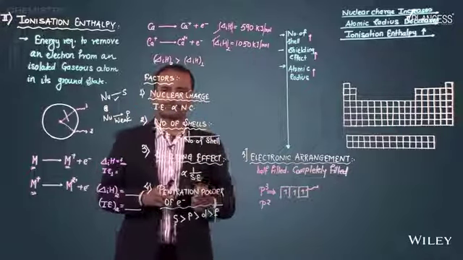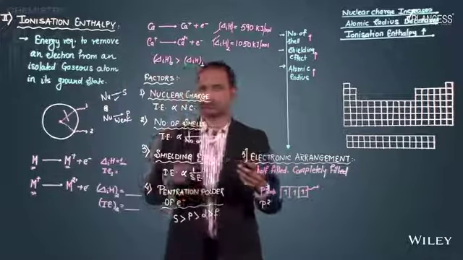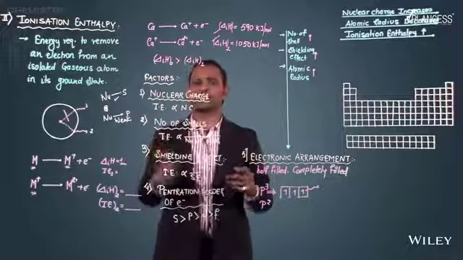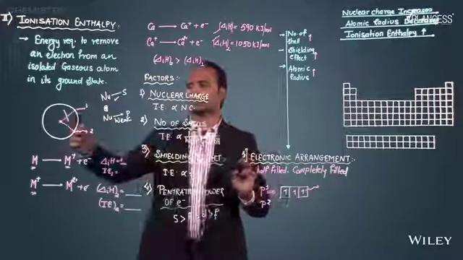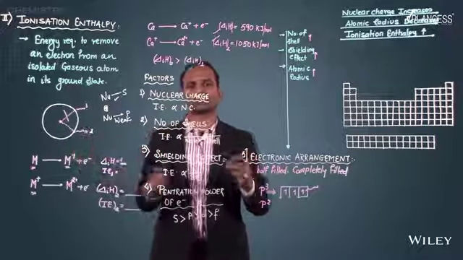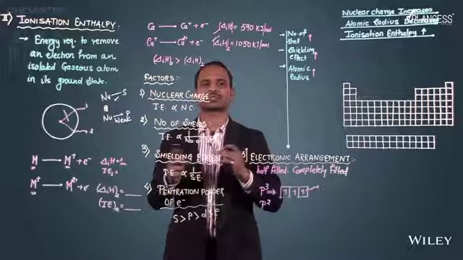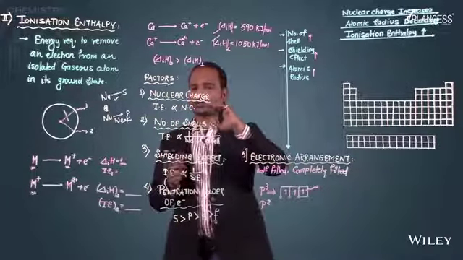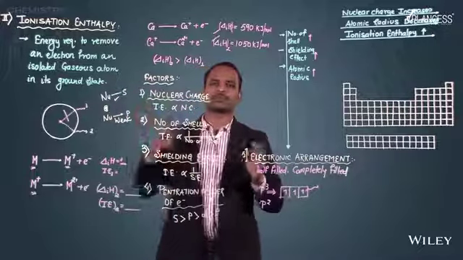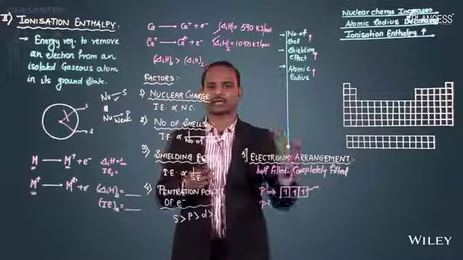Then we have different factors which affect the ionization enthalpy. All those factors which affect the attraction between the nucleus and the electron will affect ionization enthalpy also. That is, the factors are somewhat common with the atomic radius.